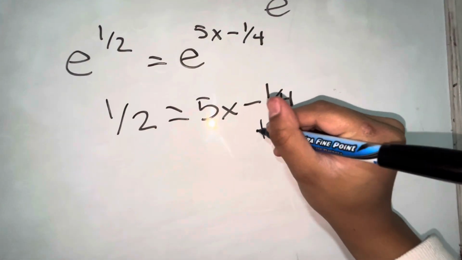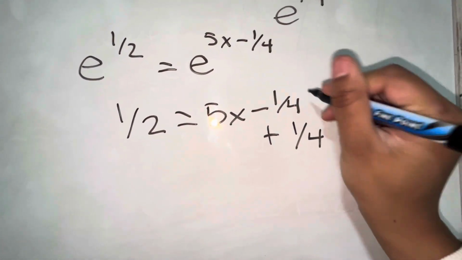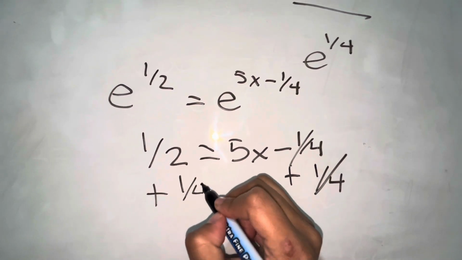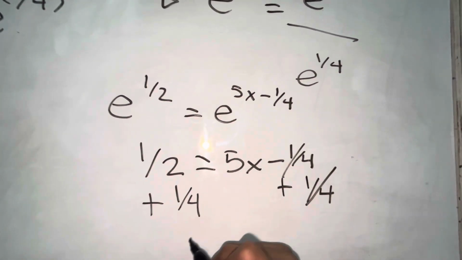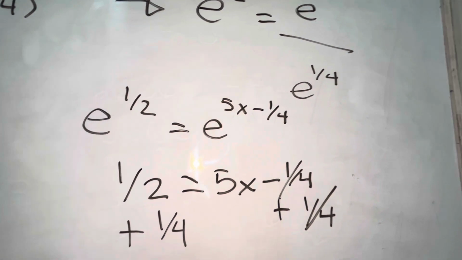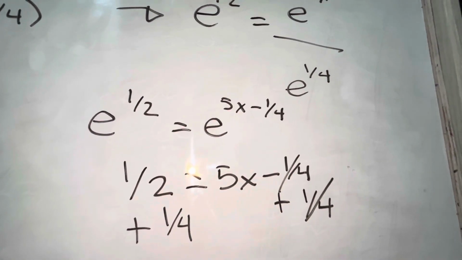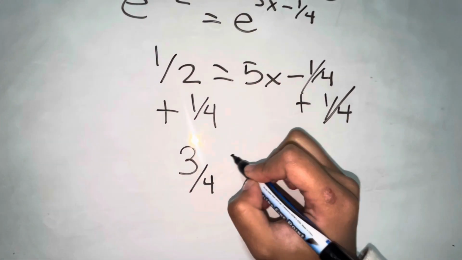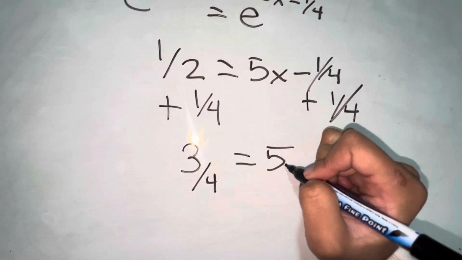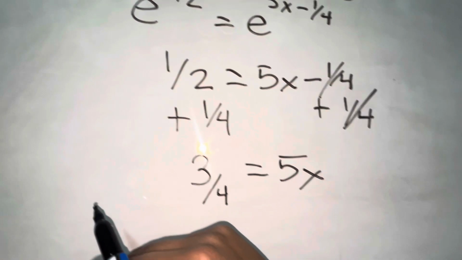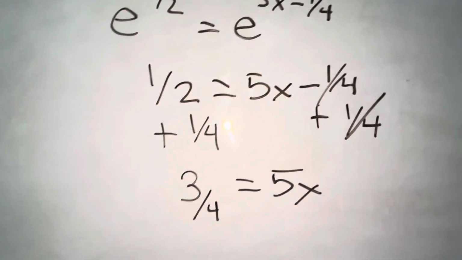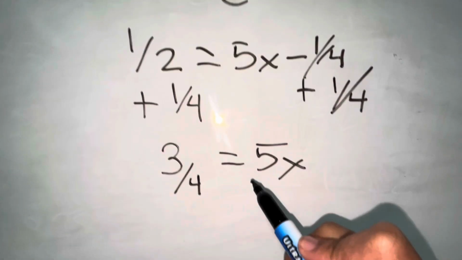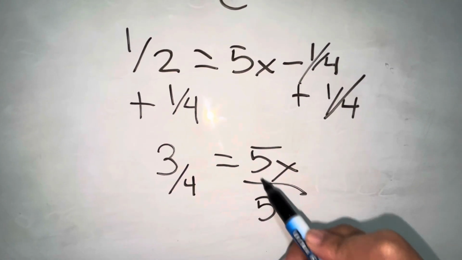We can add it to both sides, because we're trying to isolate the x in order to find it. So half plus 1/4 is 3 over 4. And now the last final thing to do is, again, isolate the x, and the only thing with the x is 5. So let's divide by it.